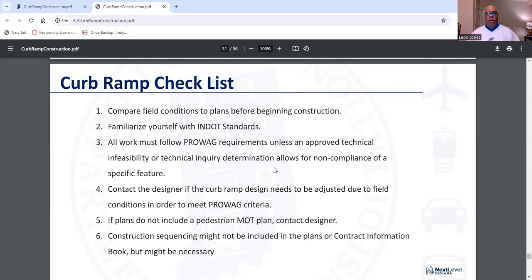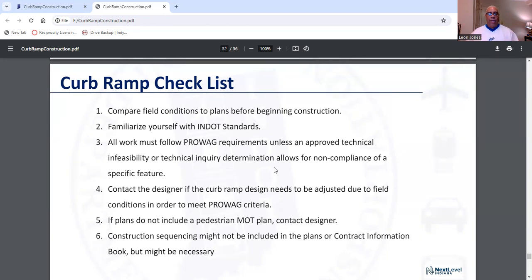Now, all work must follow the ProWAG requirements unless an approved technical feasibility or technical inquiry determination allows for non-compliance of a specific feature. Also, contact the designer if the curb ramp needs to be adjusted due to field conditions in order to meet ProWAG criteria.